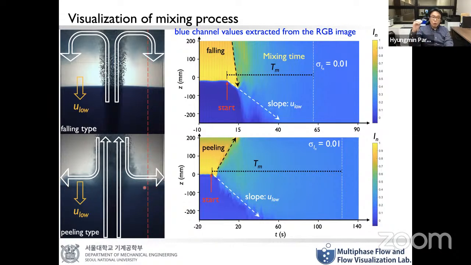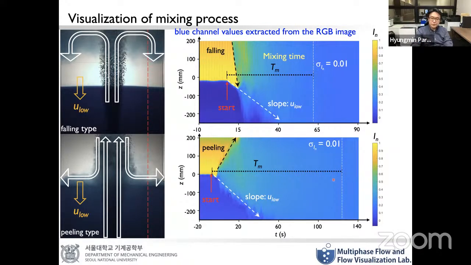When U low is quite fast, the mixing occurs faster. So we have an idea that this velocity scale will determine the mixing time Tm shown here. The mixing time Tm is the time taken for the standard deviation of this intensity to go below 0.01.